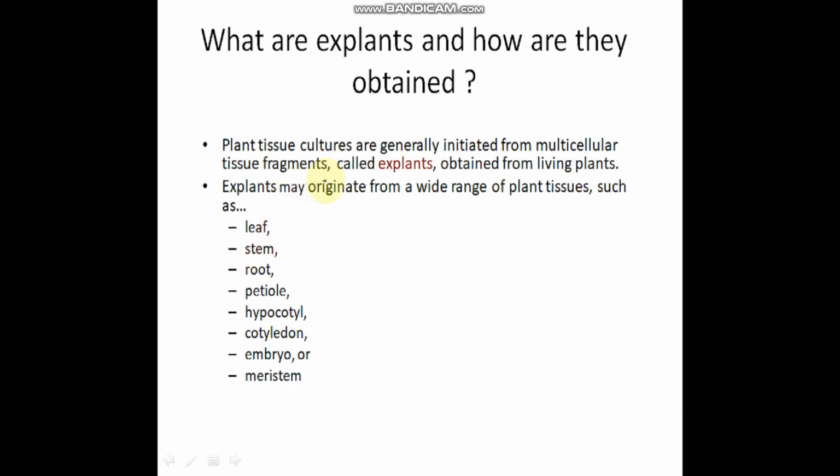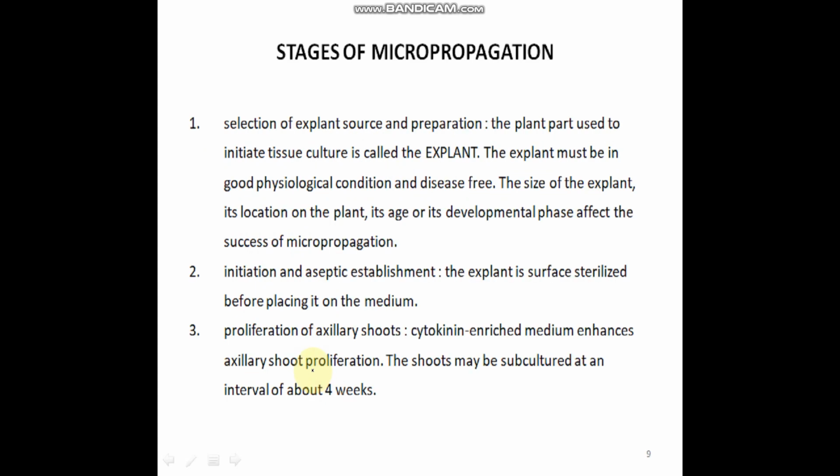So basically the small pieces are called explants. And you can get them from stem, from root, from petiole, hypocotyl, cotyledon, embryo, or meristem. So that's how you obtain explants.